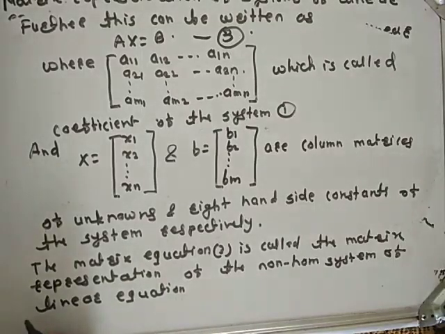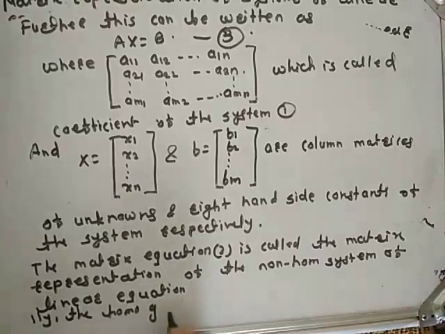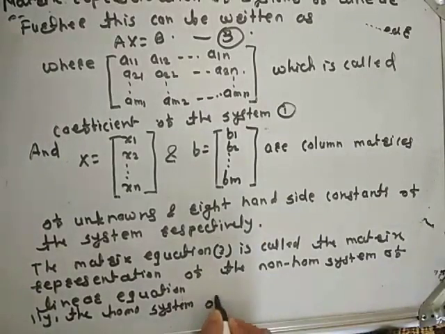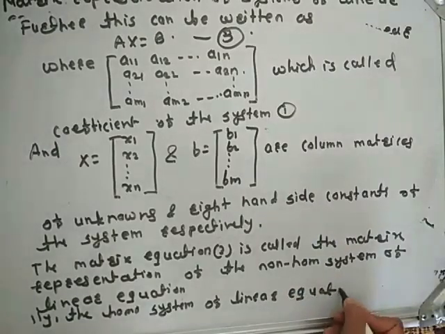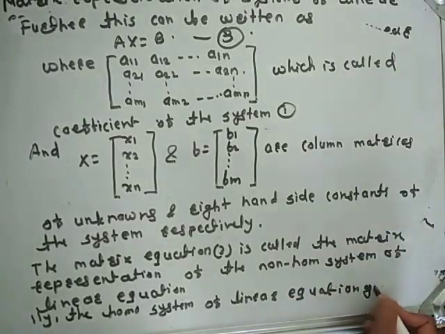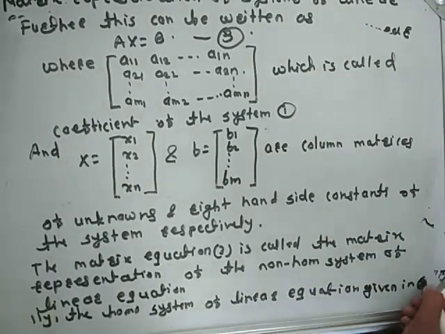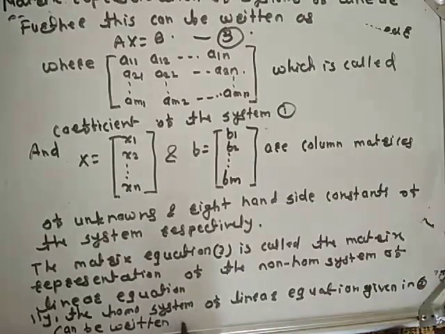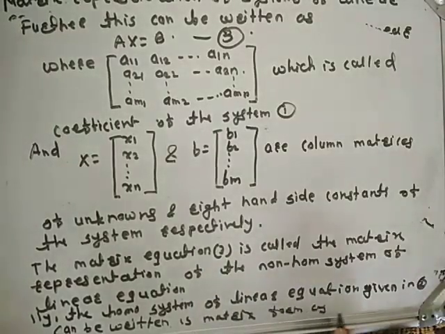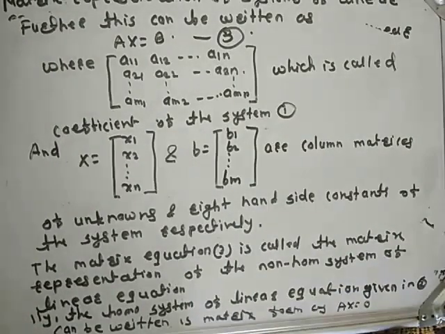Similarly, the homogeneous system of linear equation given in 2 can be written in matrix form as Ax is equals to 0.